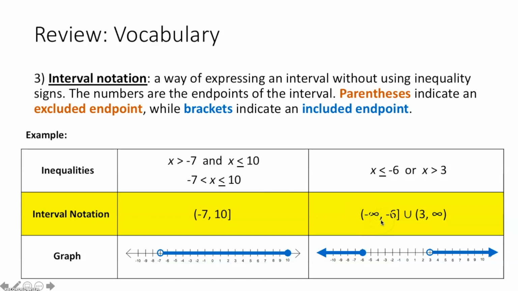Then we put -infinity, comma, then we go all the way up to -6. And because there's an equal sign here, we put a bracket because we include -6. Then we join that with our union symbol. That represents our or. And then because we want all x greater than 3, that means we want 4, 5, 6, 7, 8. But we don't want 3 because 3 is not included. There's no equal sign. So we put a parenthesis and then 3, comma, and then we go all the way to infinity and then put another parenthesis.